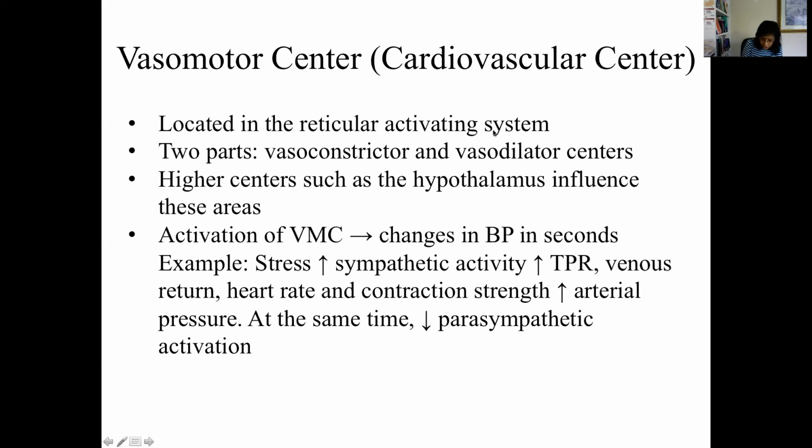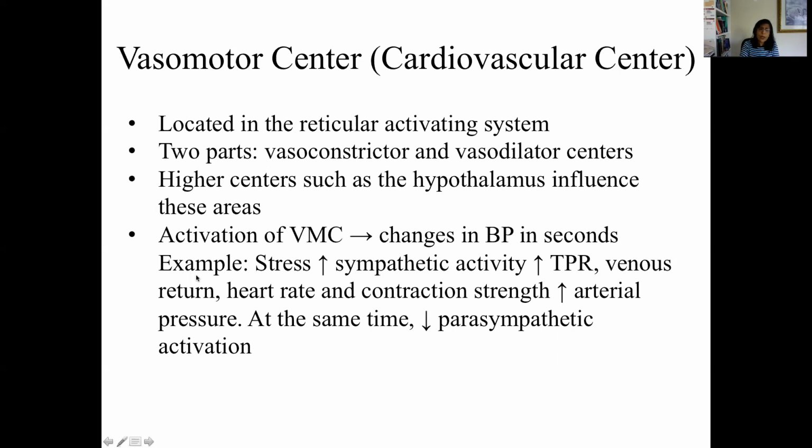The reticular activating system spreads over the brainstem area. This is the one that has the vasoconstrictor and vasodilator centers. Then there are other structures in the brain that have their inputs to these two centers: the hypothalamus and cerebral cortex are some of those that influence the cardiovascular center.